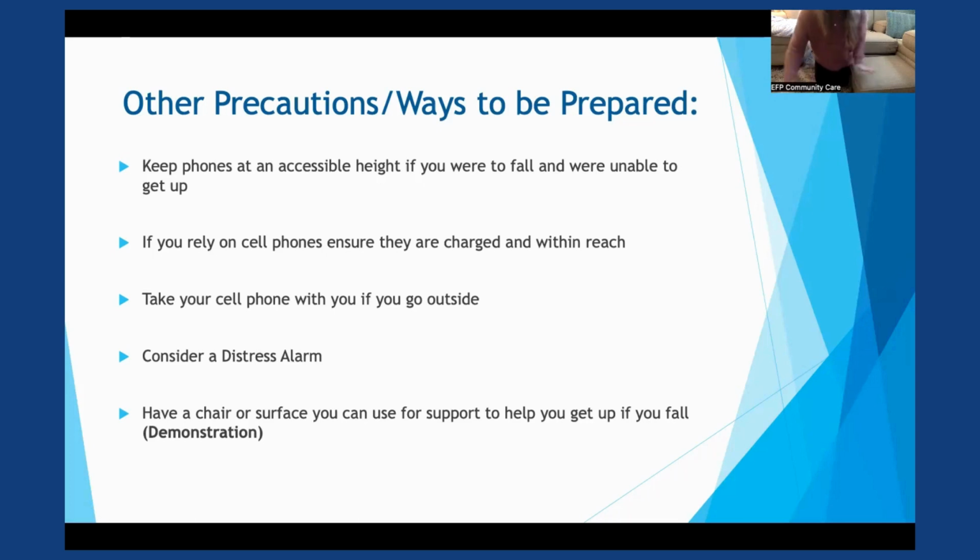Okay, so I will say one thing is that if we know we're injured, even sometimes if we don't know we're injured necessarily, you might think, oh, I can get up. But sometimes you don't know until you stand up. And if you just stand up right away without really assessing what's going on with you, you could fall again.